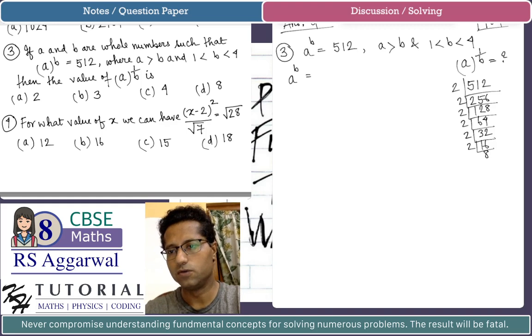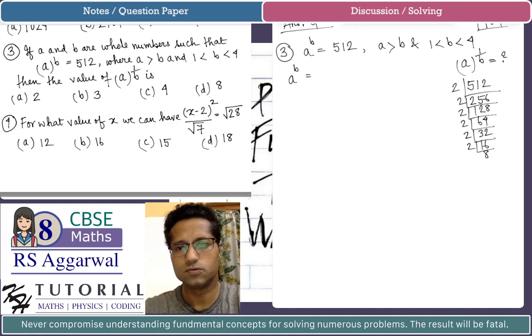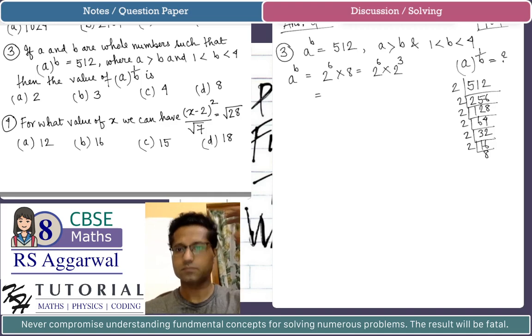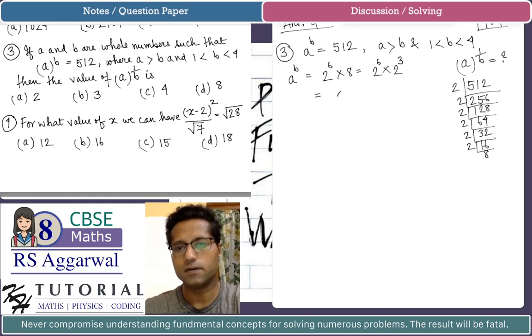Okay, so how many 2's will we have? 1, 2, 3, 4, 5, 6. So it is 2 to the power 6 multiplied by 8, which is 2 to the power 6 multiplied by 2 to the power 3. So this is 2 to the power 9.